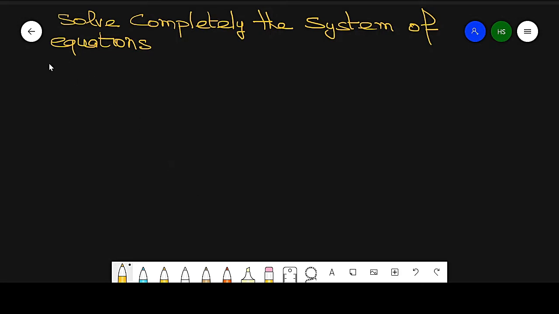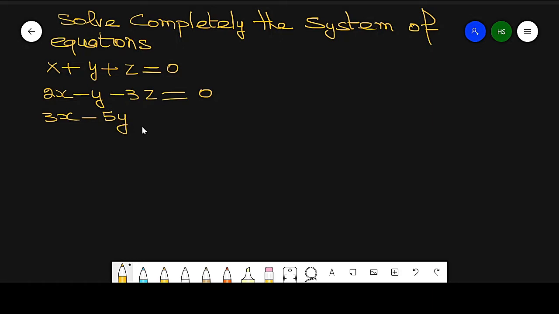Now, the given equations are x plus y plus z equal to 0, 2x minus y minus 3z equal to 0, 3x minus 5y plus 4z equal to 0, and next is x plus 17y plus 4z equal to 0.